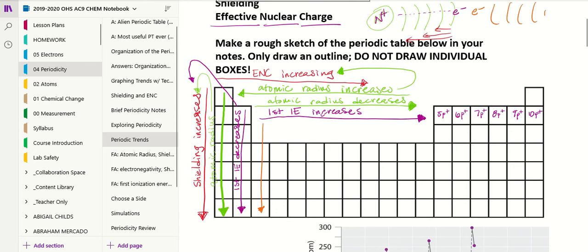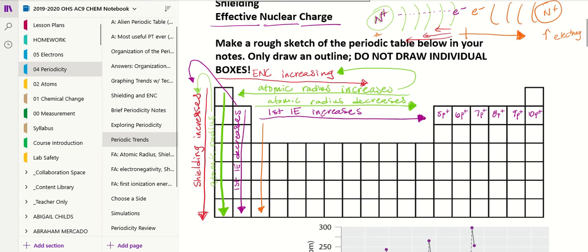Here, how much pulling power, which atom here can tug on these electrons the most? Okay? That atom has the higher electronegativity. So, if I pull my electrons towards this atom more than this one, that means that this has the higher electronegativity.